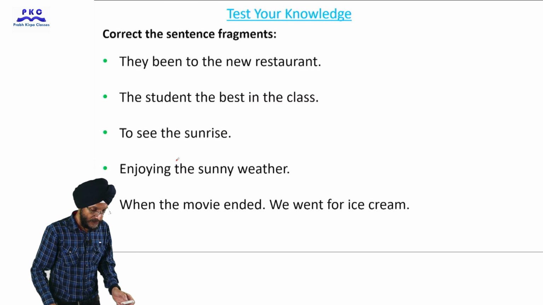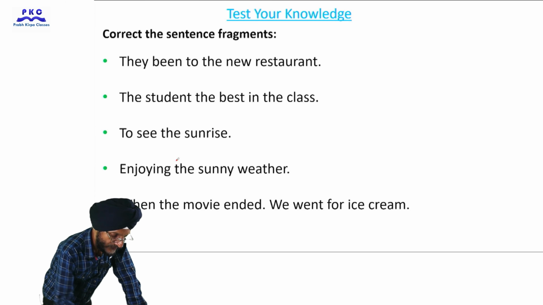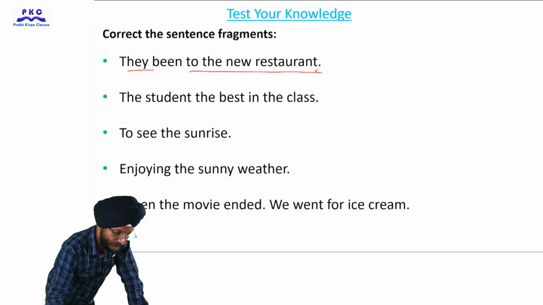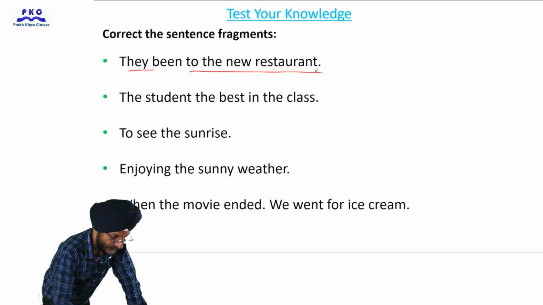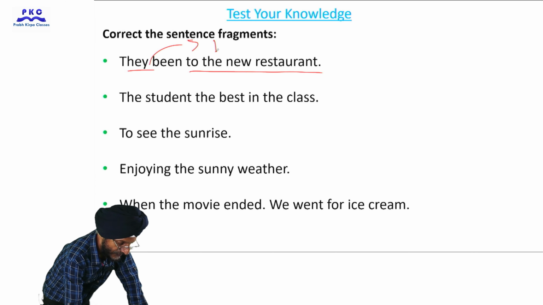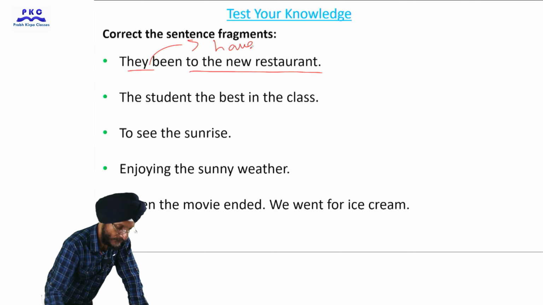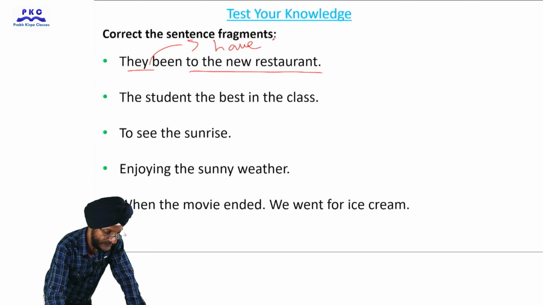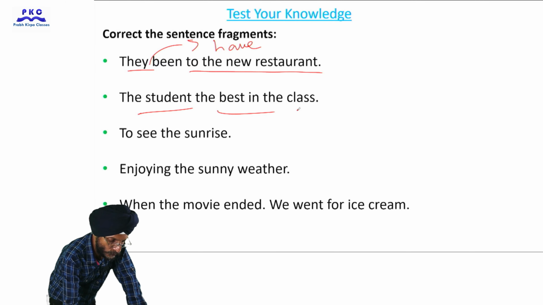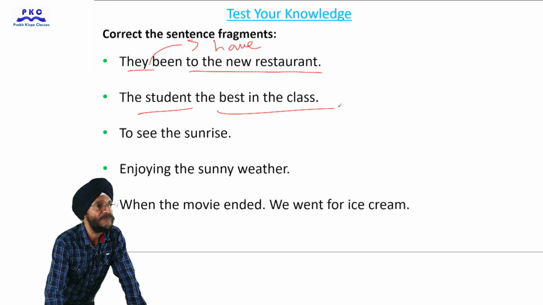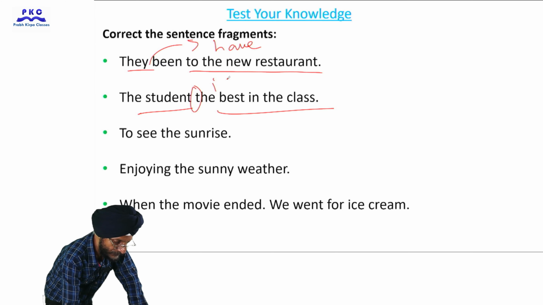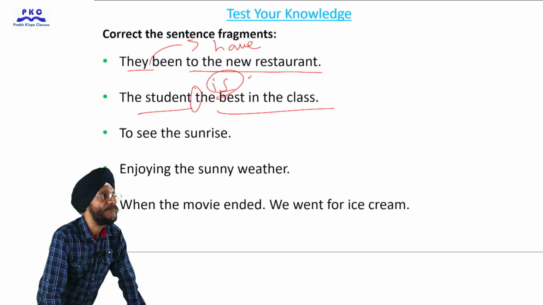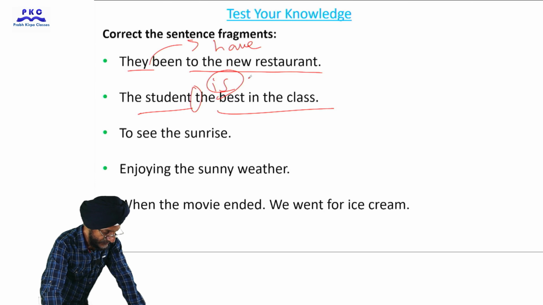Next, correct the sentence fragments. "They been to the new restaurant." They have been to the new restaurant. Next is "the student the best in the class." Here the helping verb is missing. "To see the sunrise."